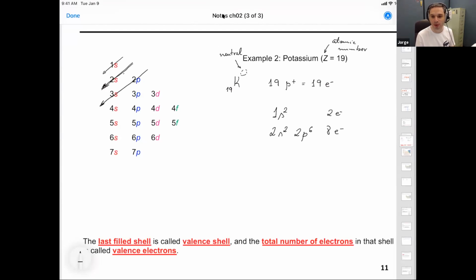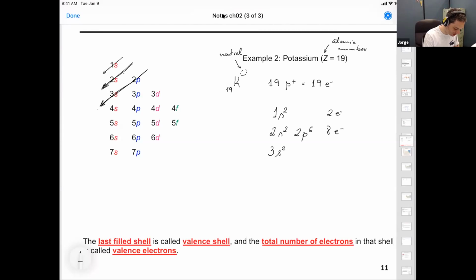So that's a total of 10. There's still 9 to go. After the 2p, the next subshell to be filled is the 3s. And we are going to put 2 electrons there. So that's a total of 12.